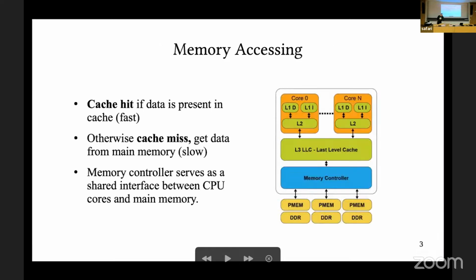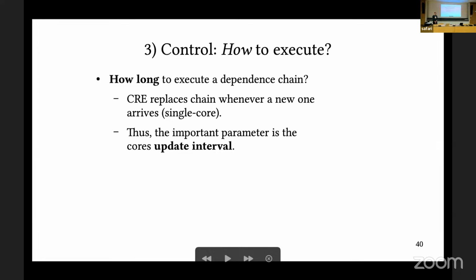So really the determining factor is the update interval from the core, how often the core sends a new dependence chain to the CRE. We'll see in the results how this impacts performance and accuracy. This interval is usually measured in instructions executed of the core whose dependence chain we are executing, which is a peculiar choice, not sure why they did it this way, but they did.